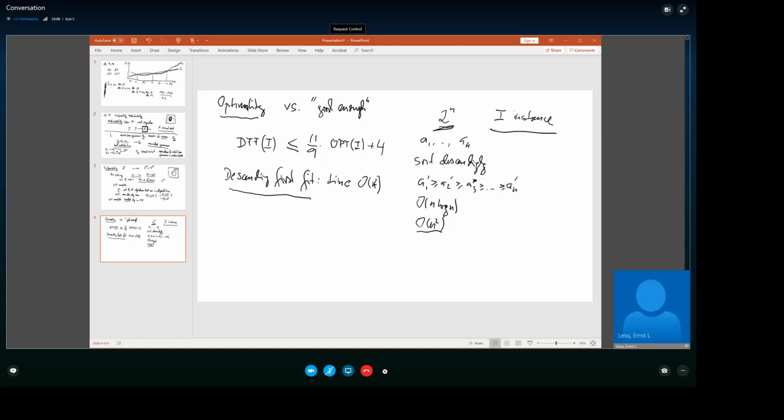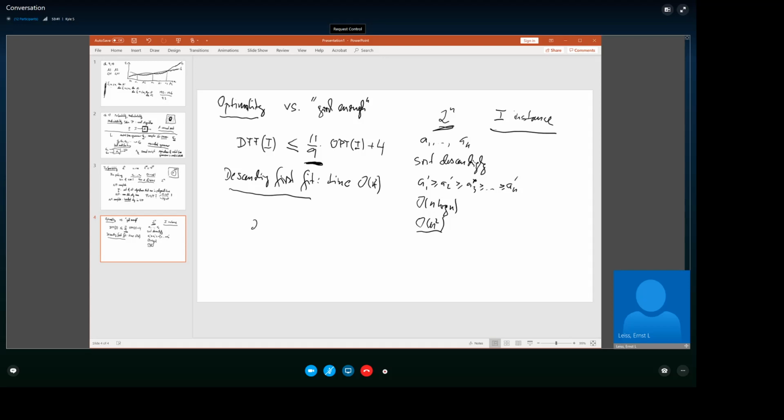So what does that mean? That means effectively that, ignoring the plus 4, which is just a constant addend, the crucial point here is this constant 11/9. Now, if this were 9/9, then that would be 1, and that would mean that descending first fit would basically be optimal.